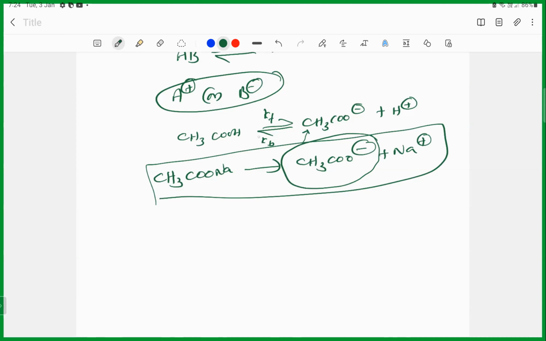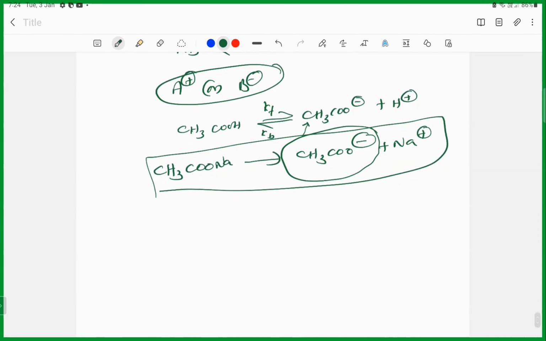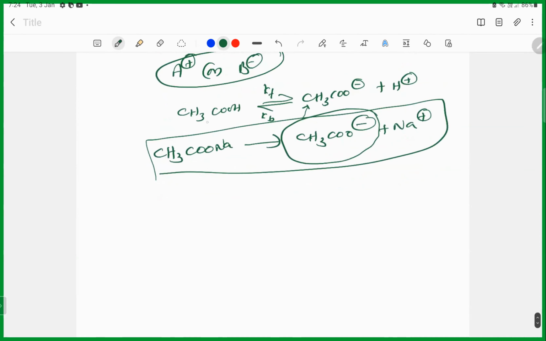Either the forward reaction will be suppressed or the backward reaction will be suppressed. Now, look here. You have acetic acid. It gives acetate ion and H plus ion. That's the forward reaction. Now, the acetate ion and H plus ion combine to give acetic acid. That is the backward reaction.